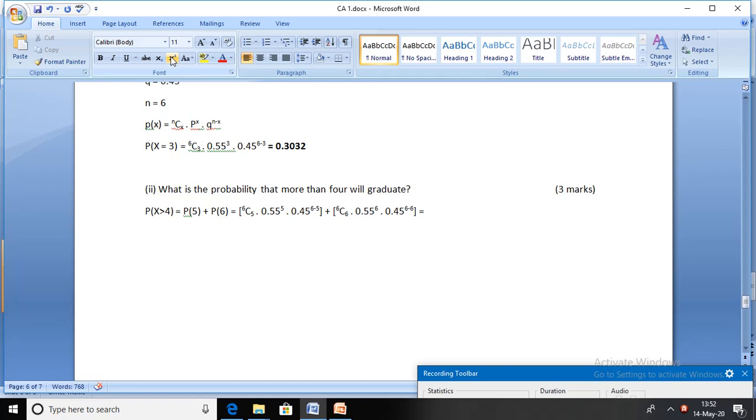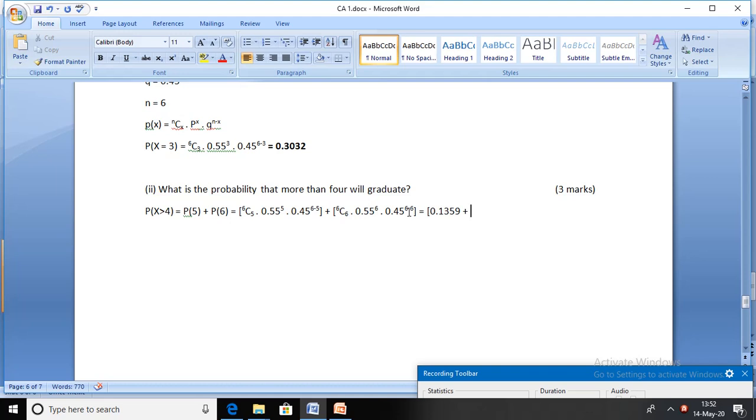So what do we have here? 6 combination 5 multiplied by 0.55 to the power 5 multiplied by 0.45 to the power 1, that is 6 minus 5. You should get 0.1359. Plus 6 combination 6 multiplied by 0.55 to the power 6 multiplied by 0.45 to the power 6 minus 6, which is 0.